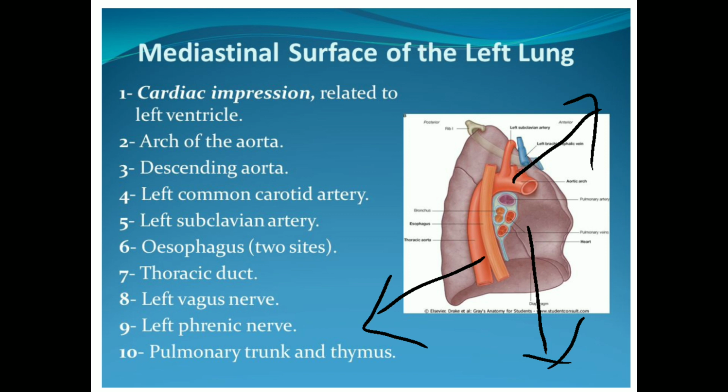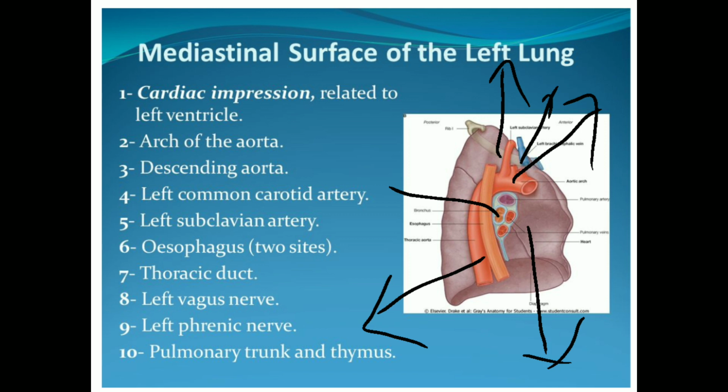Then you see branches of arch of aorta here, they call as left common carotid artery, left subclavian artery. Then after that you see the esophagus, then the thoracic duct, left vagus, left phrenic, pulmonary trunk and the thymus. So these are the features you see on the mediastinal surface of the left lung.